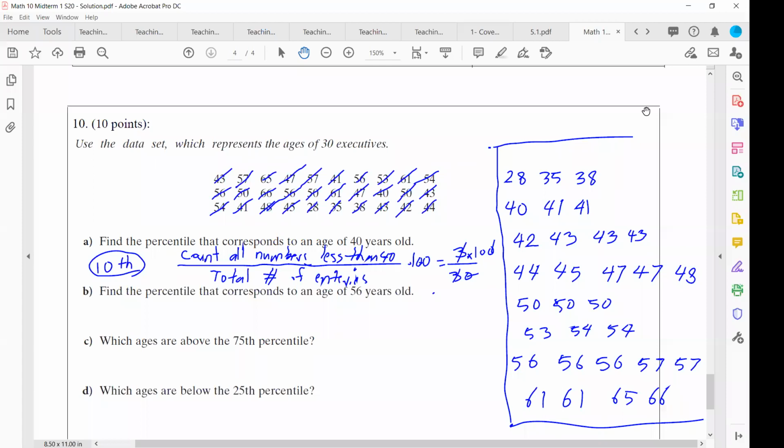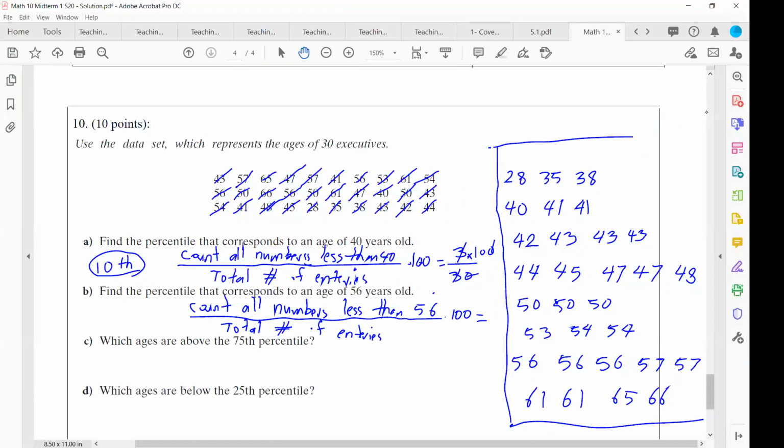Part B, find the percentile that corresponds to age 56. So to find the percentile, you count all numbers less than 56. You divide it by the total number of entries and you multiply it by 100.